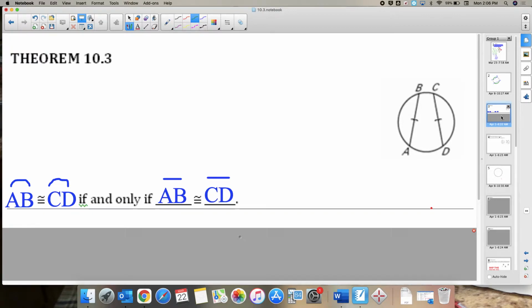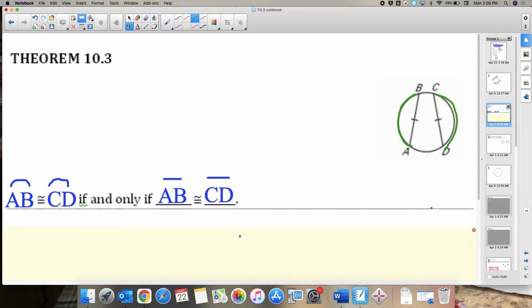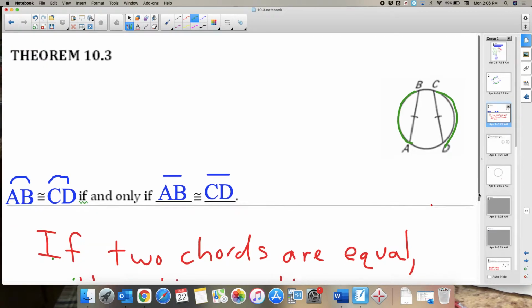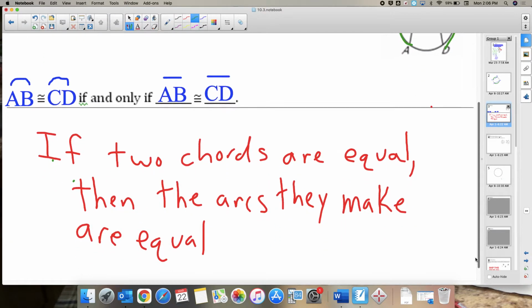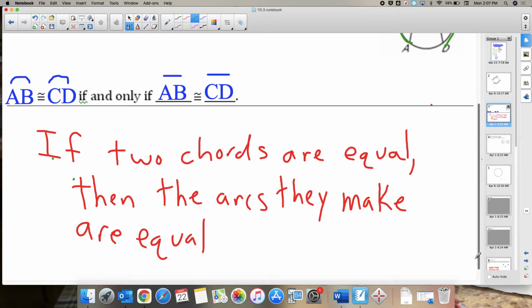So arc AB is congruent to arc CD if and only if those 2 chords are congruent. So essentially saying that if our chords are congruent, then the arcs they make are going to be congruent.